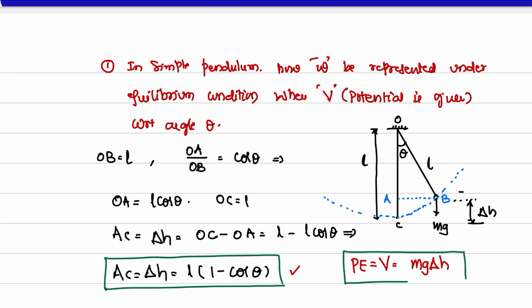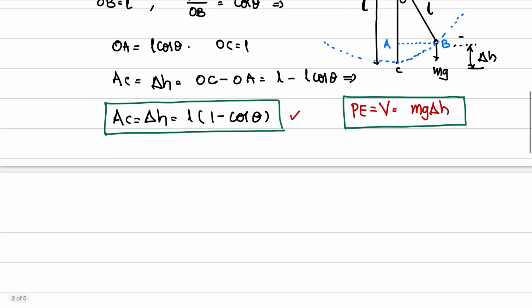Whenever potential energy increases, or when potential energy becomes the highest, then kinetic energy becomes the lowest, because as per the conservation of energy principle, kinetic energy plus potential energy is equal to constant.